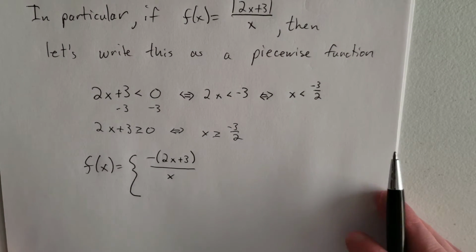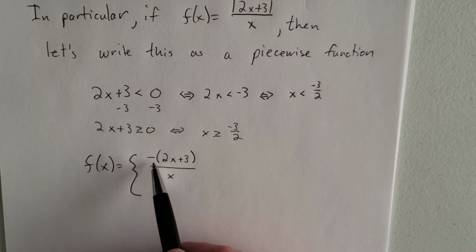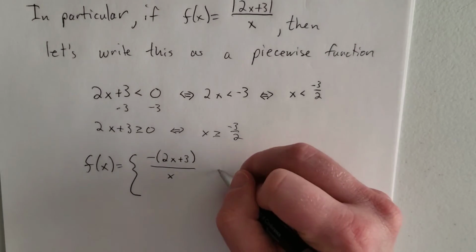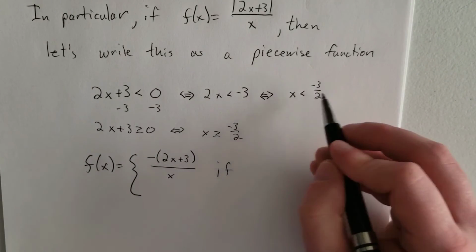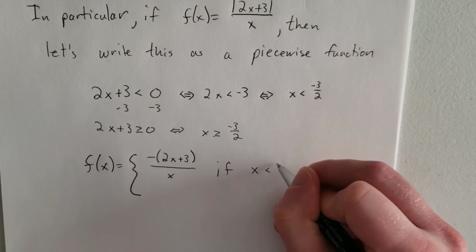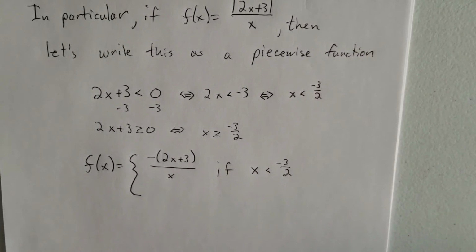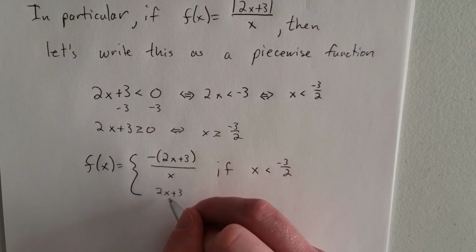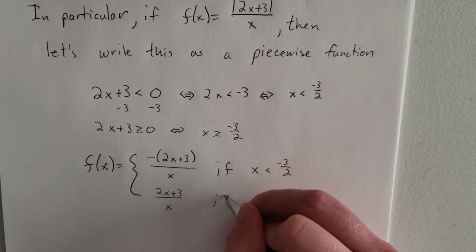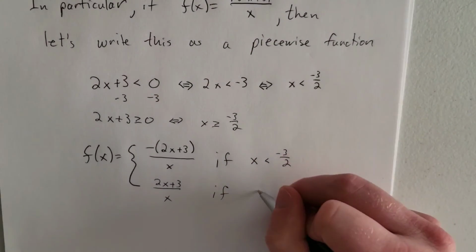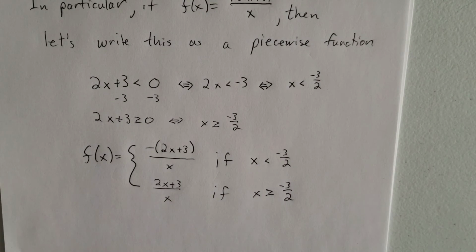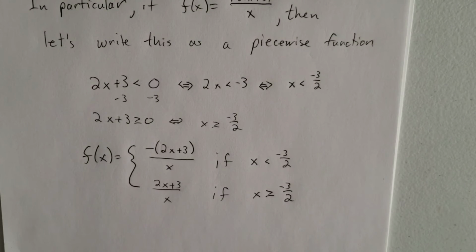So this is negative, parentheses, 2x plus 3, all divided by x, if, again, x is less than negative 3 halves. And then the function is positive 2x plus 3 all over x if x is equal or greater than negative 3 halves. And that's how we deal with absolute value functions.